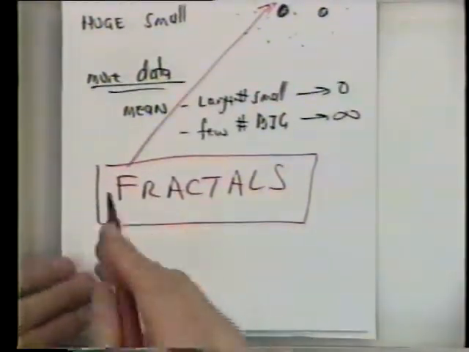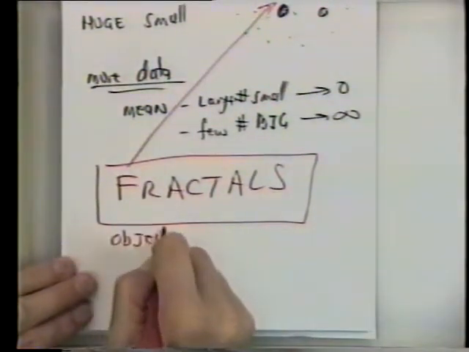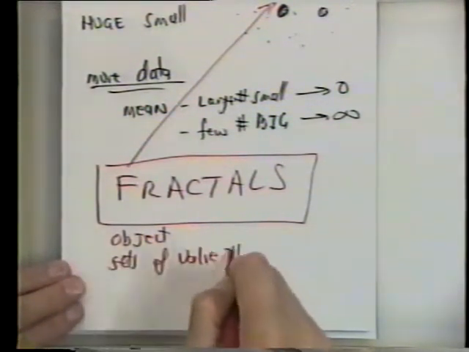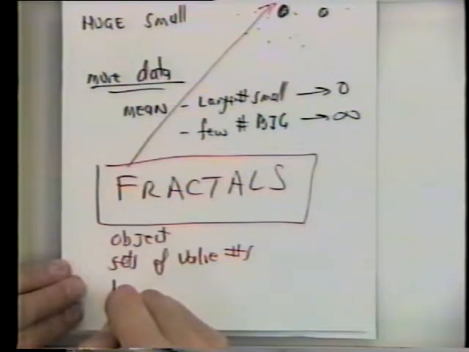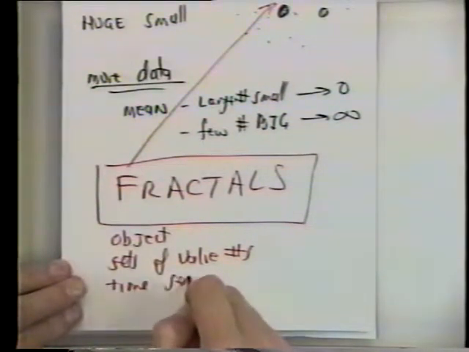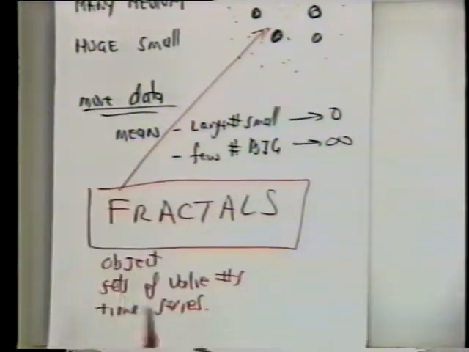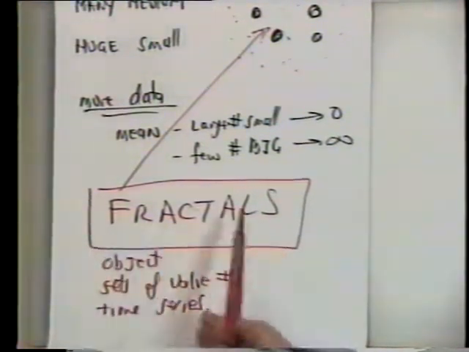So these could be either objects in space or sets of values like numbers from an experiment, or it could be fluctuations like time series of values. So I'm not so much thinking in terms of fractals necessarily as objects, but in terms of sets of numbers that could represent or do represent data coming out of an experiment. Now I could use different words instead of this word fractal.